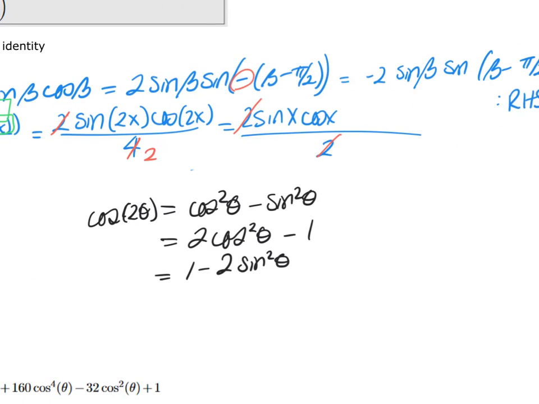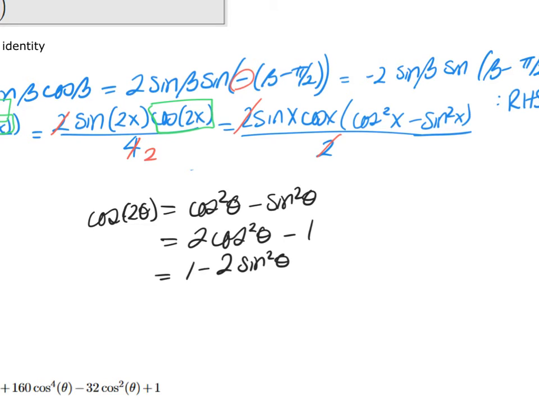So I'm going to replace cosine 2x with cosine squared x minus the sine squared x. Again, I'm replacing this cosine 2x with its double angle. And I chose that one because the other side doesn't have any 2's associated to it.